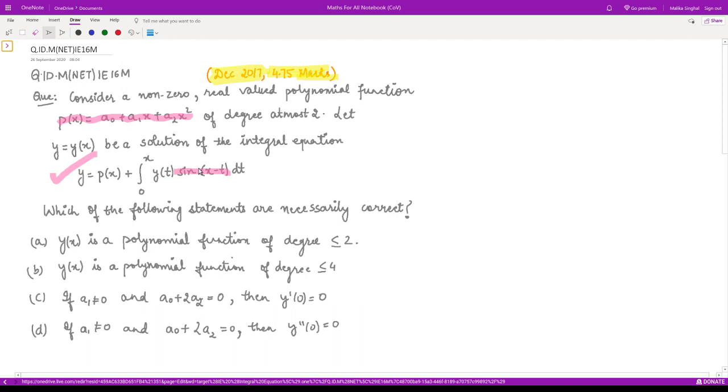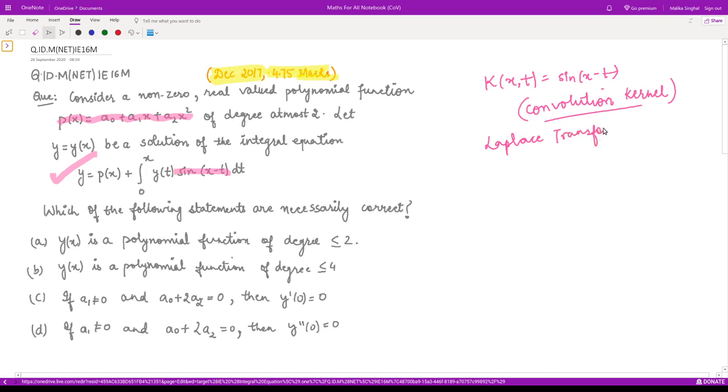So clearly the kernel here, K of x, t, is equal to sine of x minus t. So this is the convolution type of kernel. And we know how to solve these kinds of equations. The simplest way to solve this is using the Laplace transform.